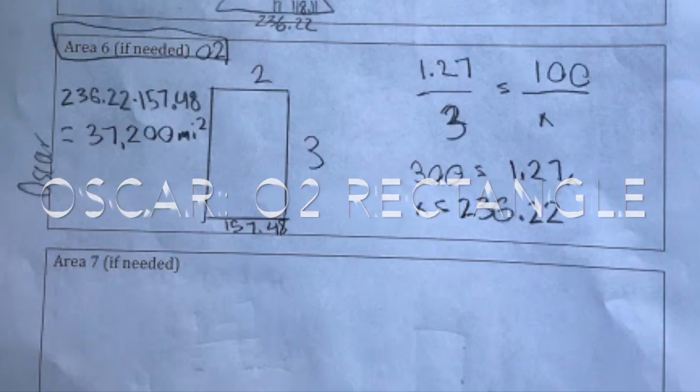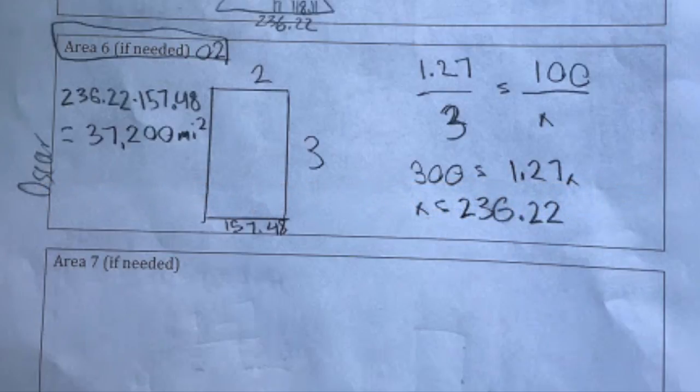O2 was also a rectangle, so I first started off by finding the sides. So the length was 3 and the width was 2. I then put the 3 into the same proportion I used for O1. So 1.27 over 3 equals 100 over x, and x ended up equaling 236.22.